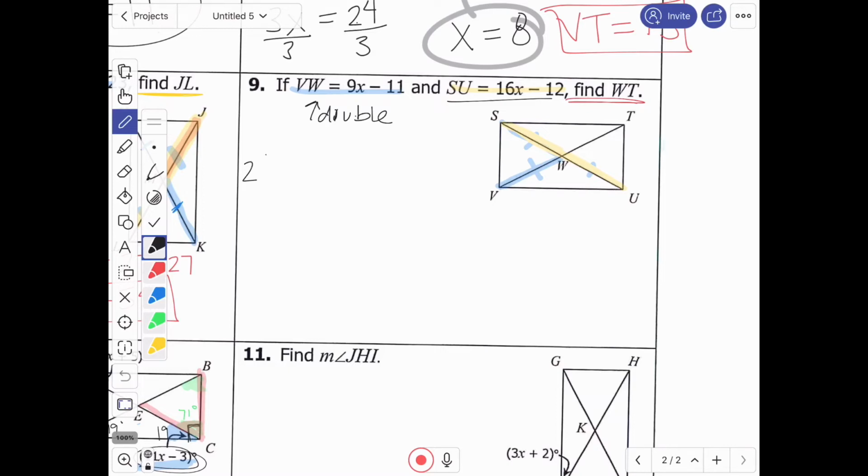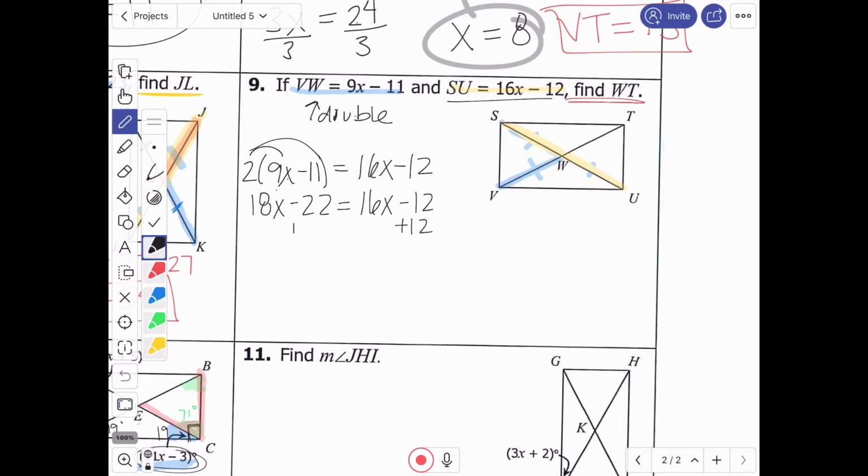So I'm going to take 2 times 9x minus 11 equals 16x minus 12. You could have done this as multiplying by 2 or adding this twice, whatever you prefer. So I'm going to distribute, get 18x minus 22 equals 16x minus 12.